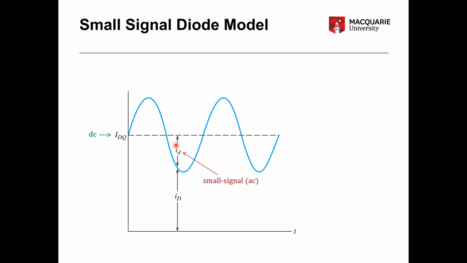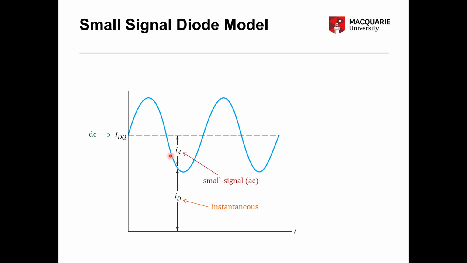Then we have the small signal, in this case an AC signal, which is on top of the large signal component. So you can see that this wave is oscillating around that large signal offset point. We notate the small signal as small I, small d.